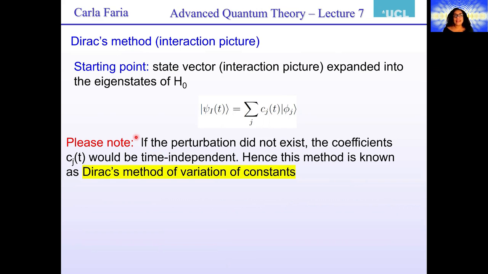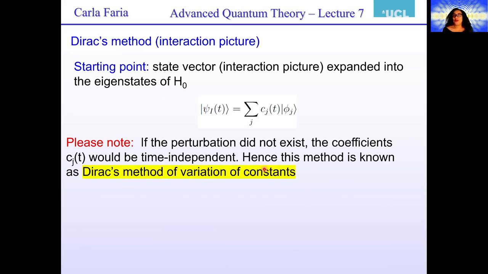Notice that if the coefficients were not time dependent, this would be like the previous case in which the perturbation didn't exist. So in this case that we are treating now, in which the coefficients are time dependent, we refer to it as Dirac's method of variation of constants.